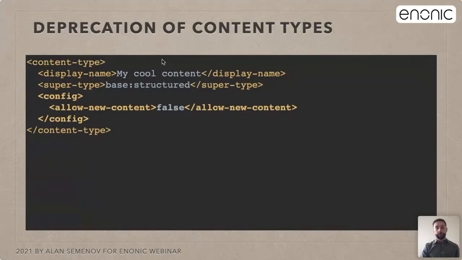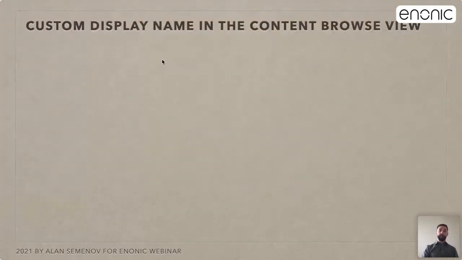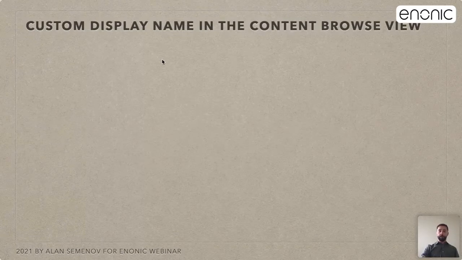So in the new Content Studio, the content types that no longer deserve your love can be hidden with a new config object in the content types schema and a new property called allow new content, which you would set to false.